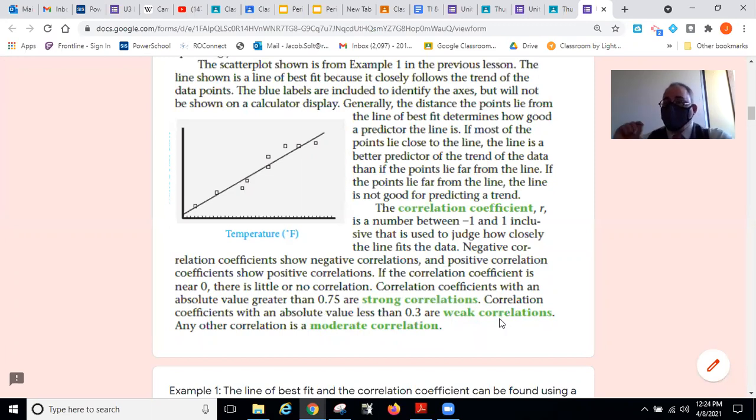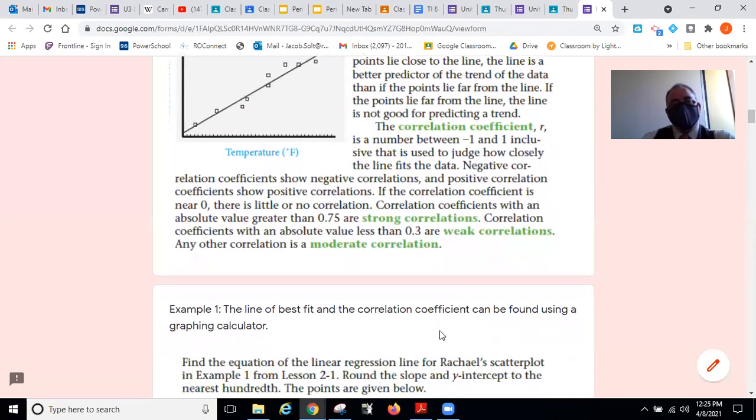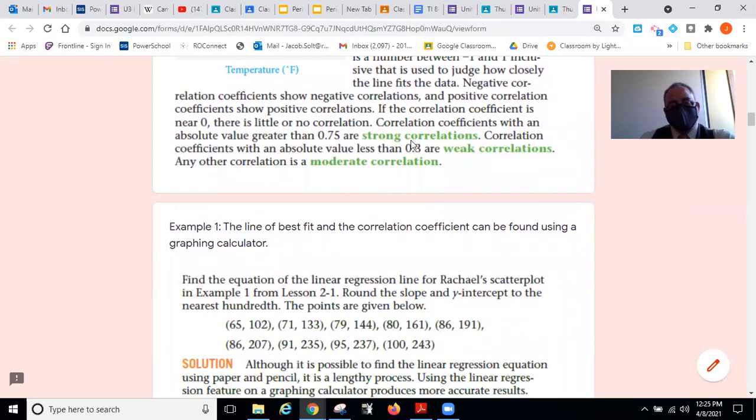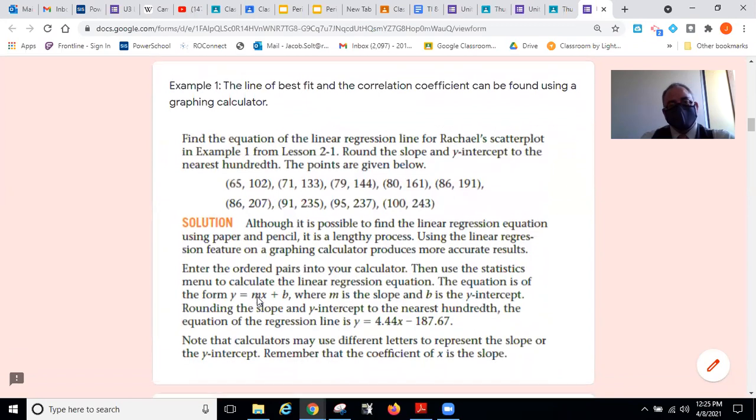So an R value of 0.3 or 0.25 is a weak correlation, almost near 0. That means one thing is not a good predictor of the other. Any other correlation is called moderate. Personally, anything less than 0.5 I don't consider very strong, a little less than moderate for me, but those are the technical determinations.